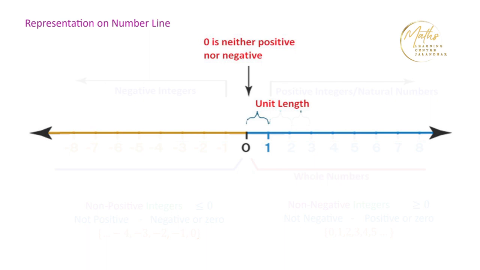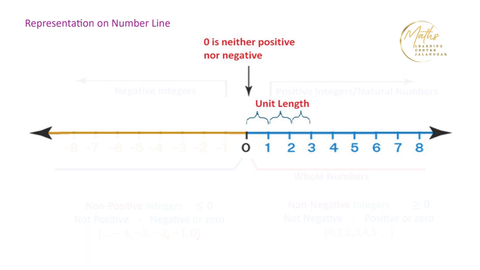Now using this unit length, we are going to mark the points on both sides of this number 0, on the right as well as on the left. We are going to mark another point at this distance, and another point at this distance, and likewise we continue to mark points. These new points are representing the numbers 2, 3, 4, 5, 6, 7, 8, and so on.